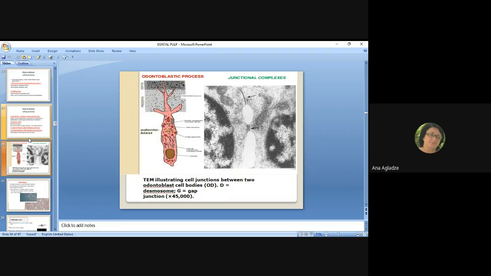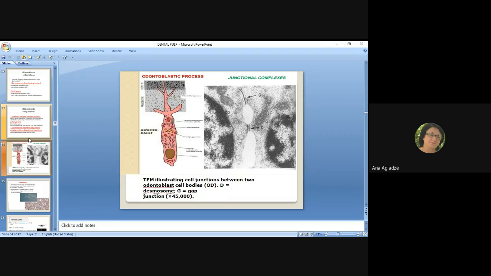Tight junctions, you know that these tight junctions are very important for the polarity of these cells, and they appear as a near fusion of opposing cell membranes and limit the permeability of the cell layer. The more tight junctions there are, the closer these cells are together, the lower the permeability of these cells.